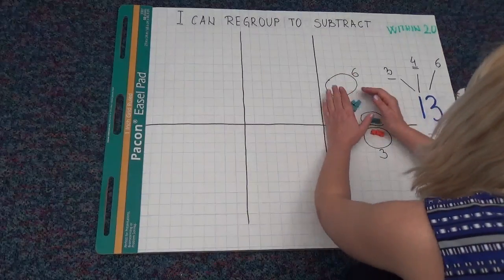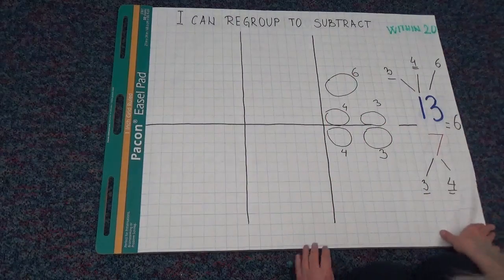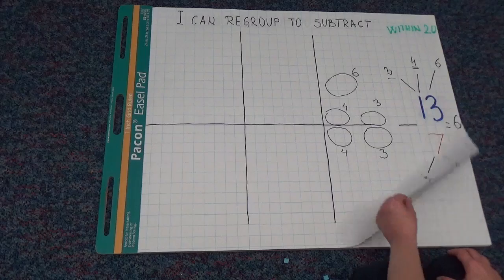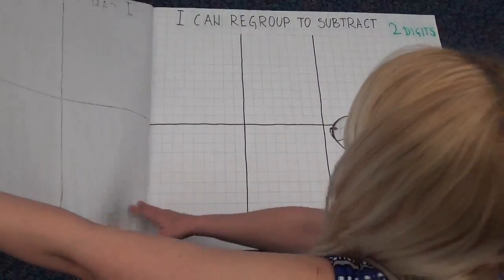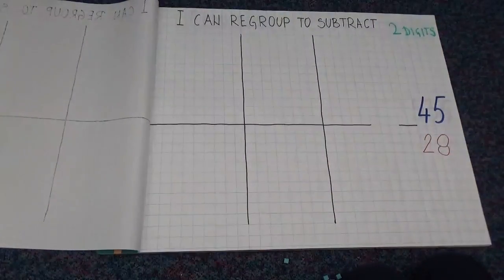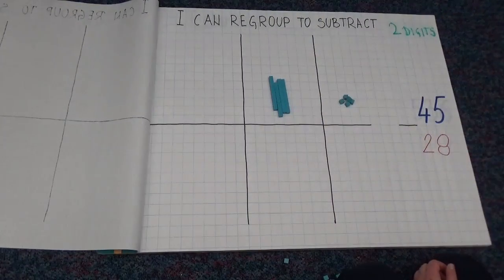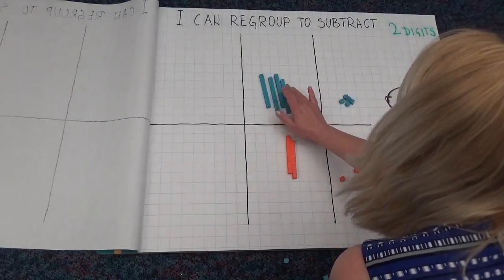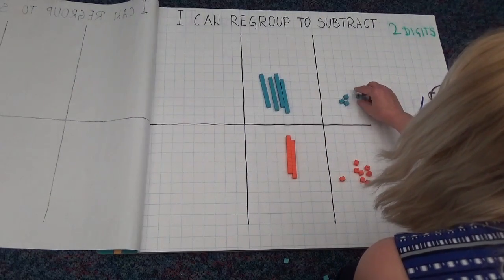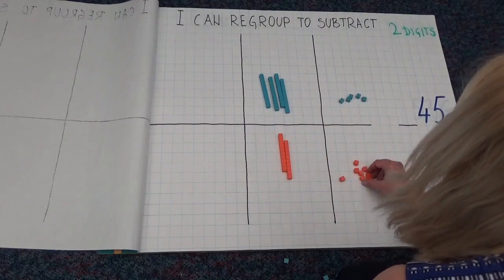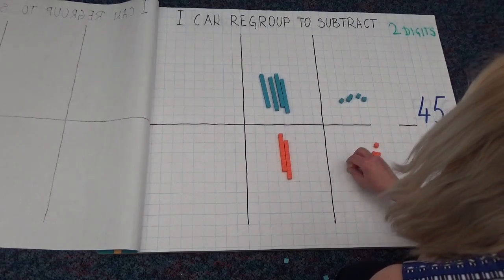Okay, that was within 20. Can we think about something similar in 2 digits? For example, 45 minus 28. 1, 2, 3, 4, 5. 2, 4, 6, 8.